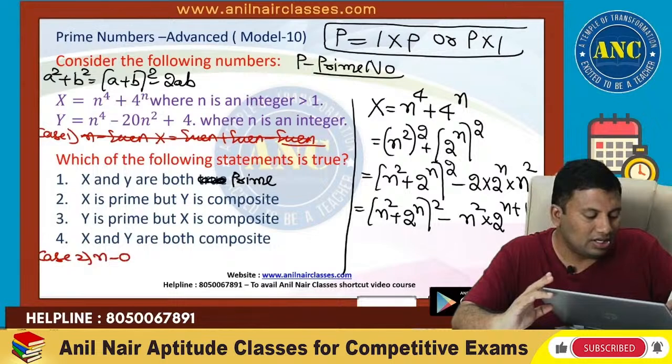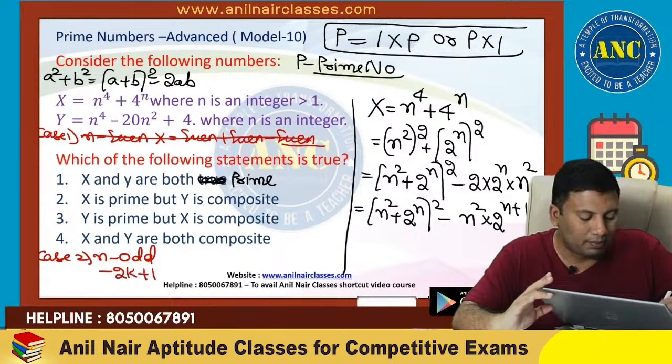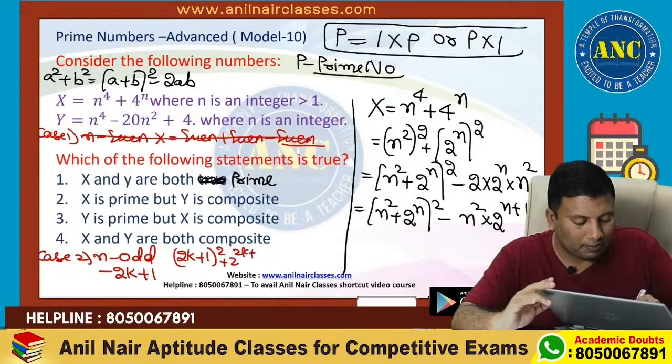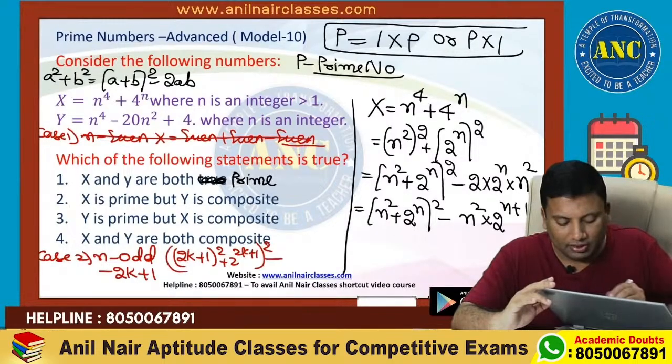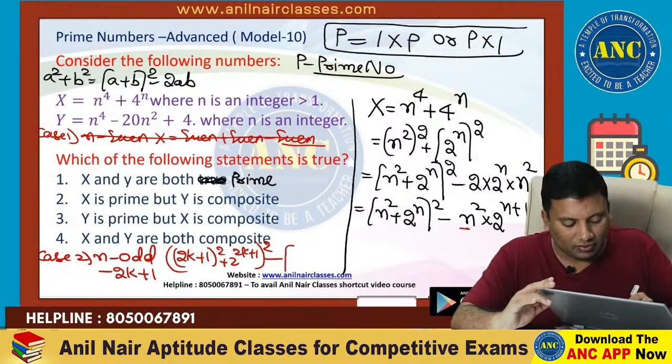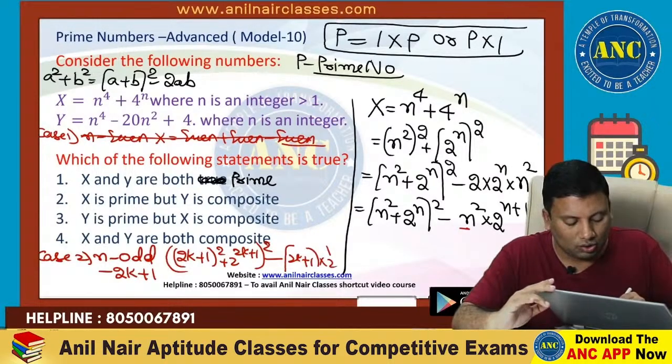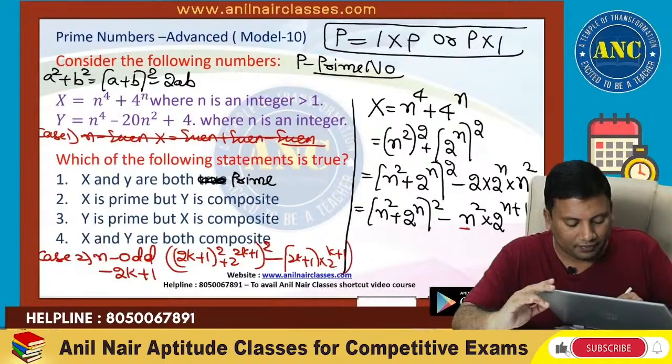Case number 2. If n is odd, any odd number can be written of the form 2k plus 1. Now, if you observe, these are nothing but (2k plus 1) whole square plus 2 power (2k plus 1) whole square. These are (2k plus 1) whole square into 2 power (2k plus 1 plus 1), which is 2k plus 2. So (2 power k plus 1) whole square.